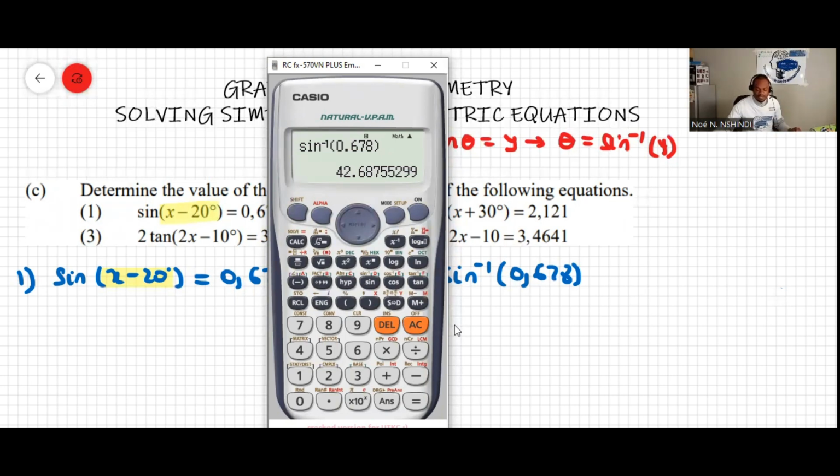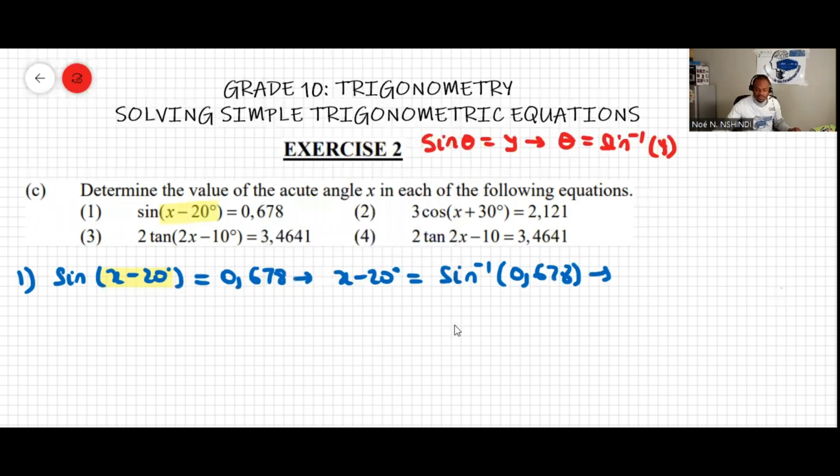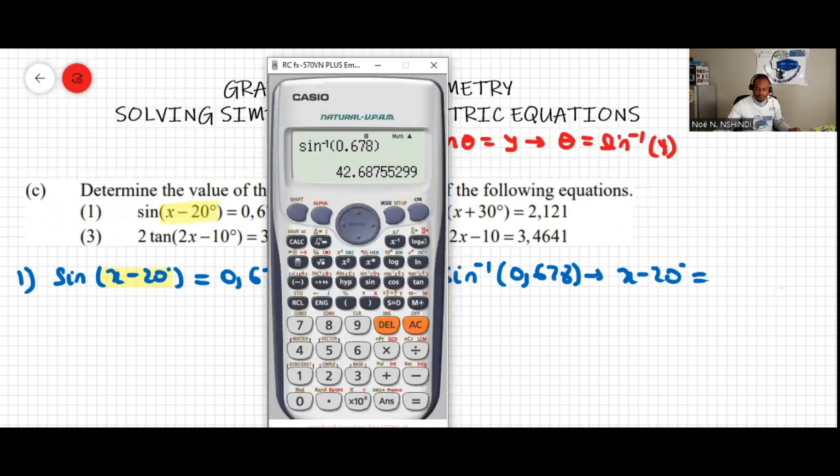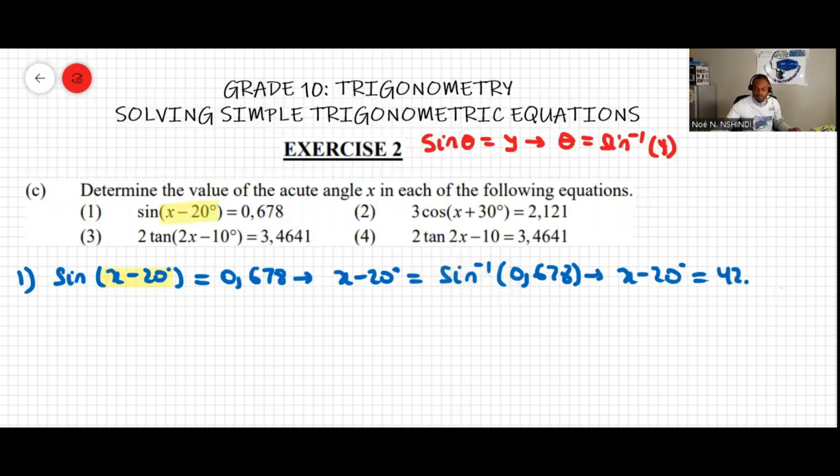That makes 69. So x minus 20 degrees equals 42,69.